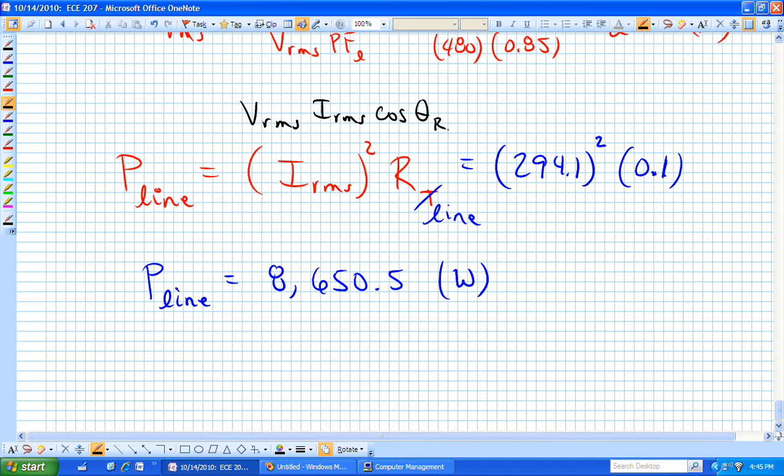What's the relationship between our voltage and current on a resistor? They're in phase, aren't they? So theta sub R is theta sub V minus theta sub I for that resistor. Those angles are the same, whatever they are. So theta sub R is 0. This is now 1. And what is this on a resistor?